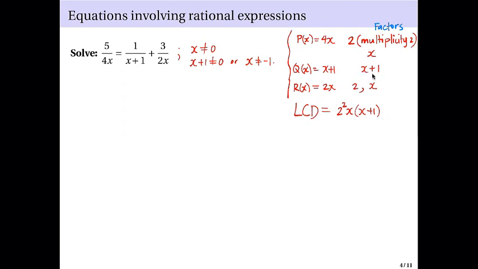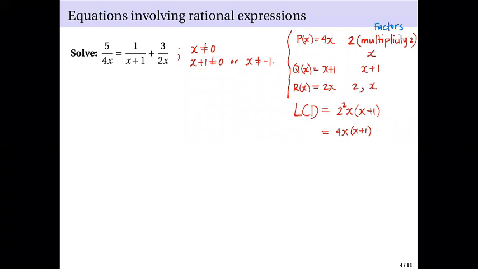And x plus 1 is the only such factor, so it's power 1. Which means that the LCD is 4x times x plus 1.